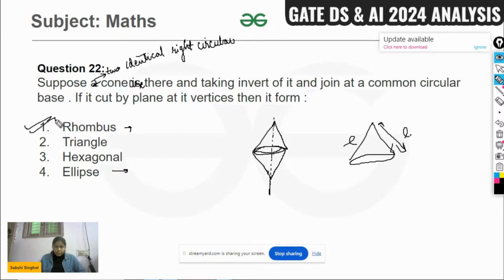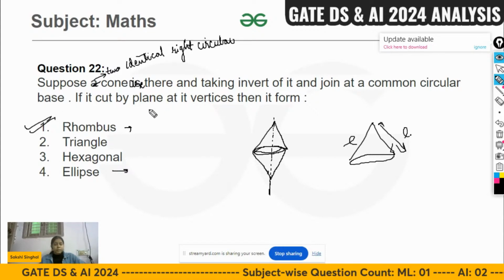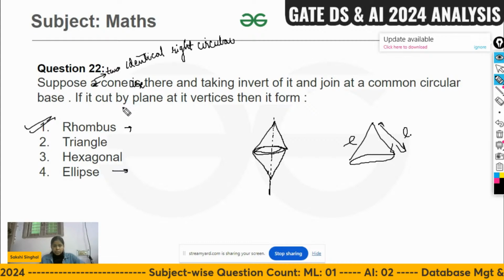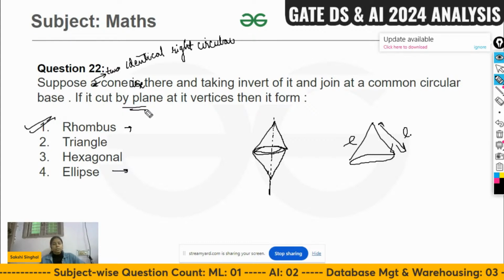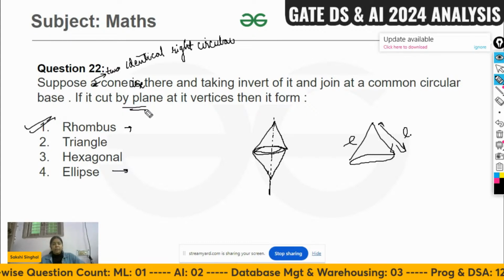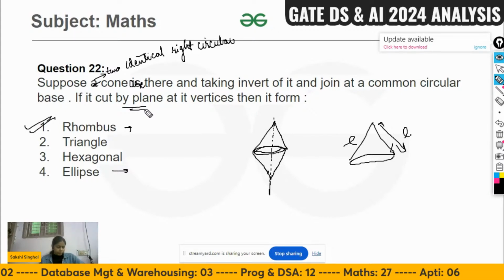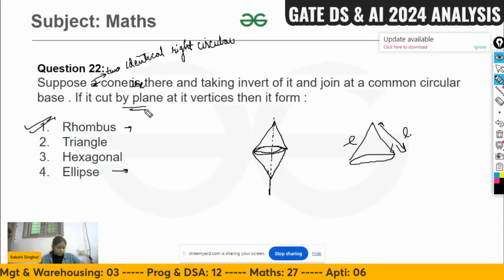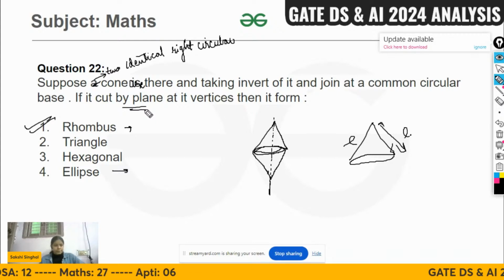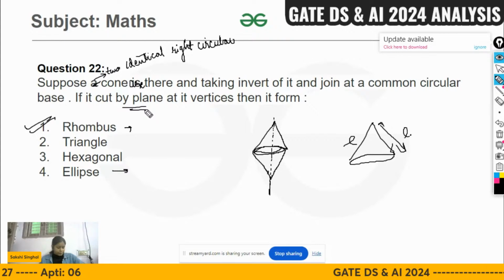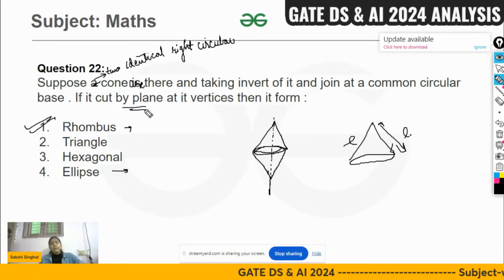They were asking about the outer shape. Because we got this question from a student, can you tell me what the correct question is? It says that if it is cut by a plane at its vertices, then it forms.